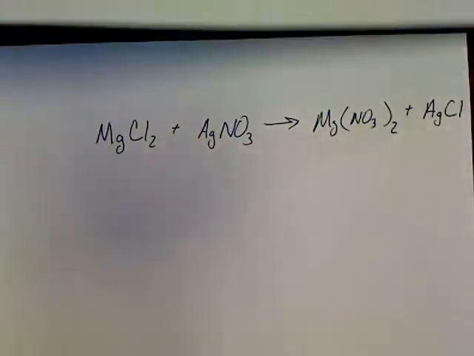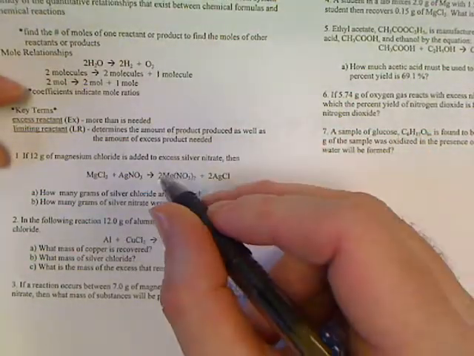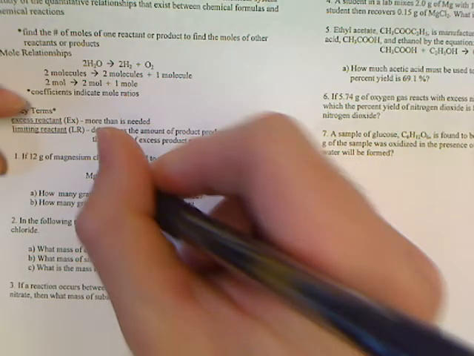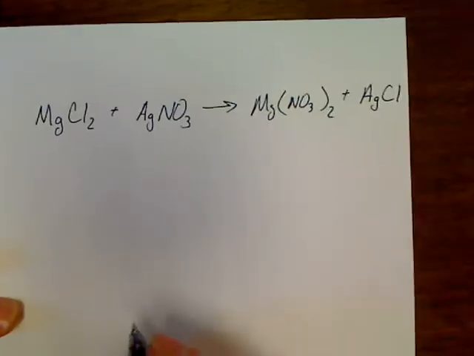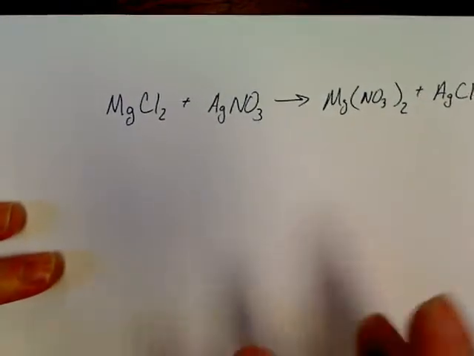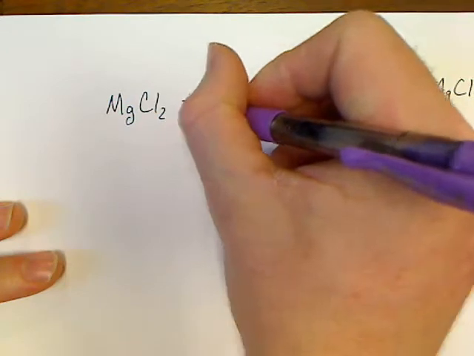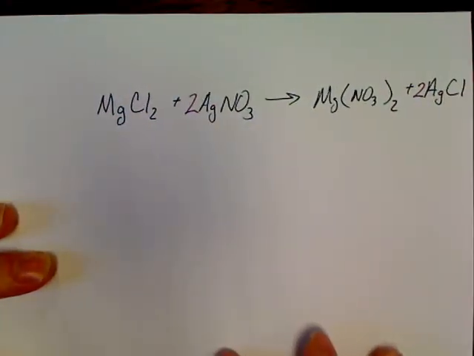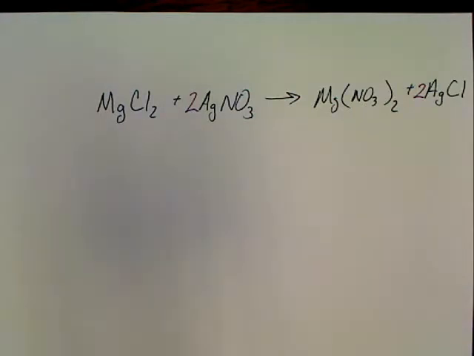What's funny is on this paper it's balanced, but it's not balanced right. There's a 2 there and it doesn't belong there. So we need to balance this equation, and we can do it fairly quickly. We can just put a 2 here, and a 2 in front of the AgCl, and now we have our balanced equation.